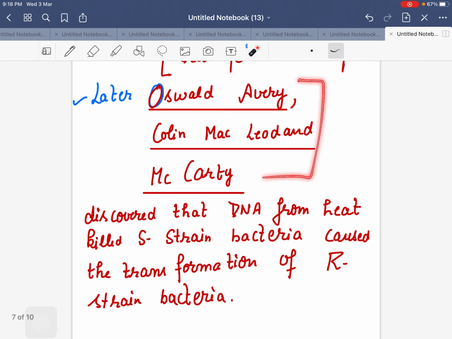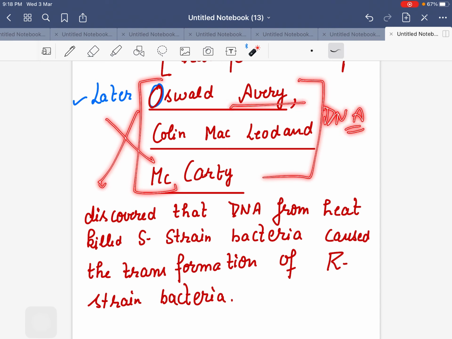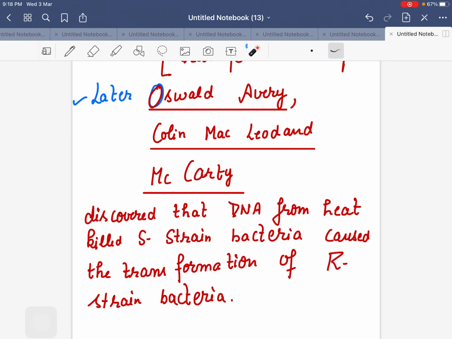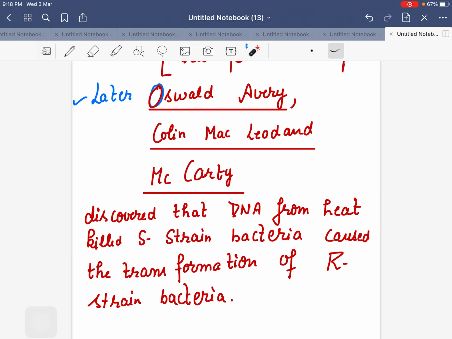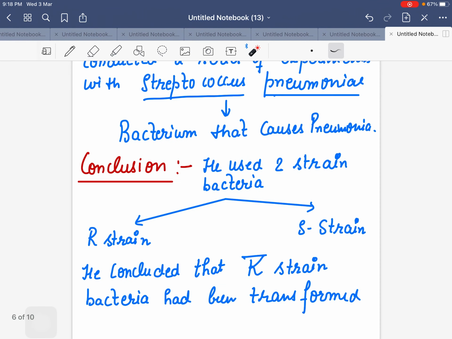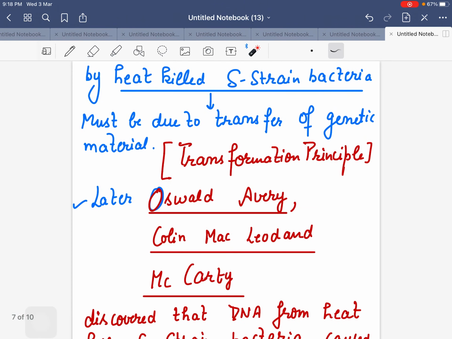So these three scientists, in NEET we make a mistake, because we write that it was Griffith who told us that DNA is transferring. No, it was Avery, McLeod and McCarty who discovered that DNA from heat killed S strain bacteria caused the transformation of R strain bacteria. Griffith said transformation has happened.